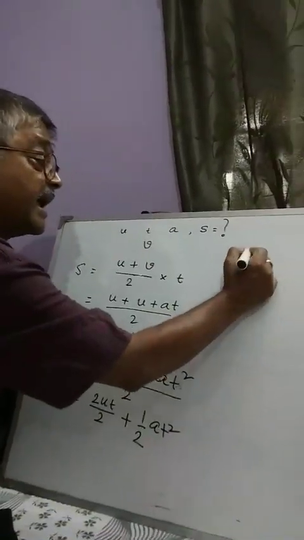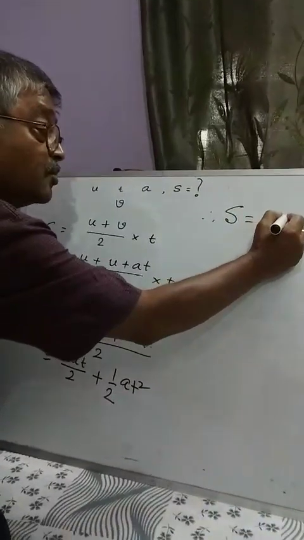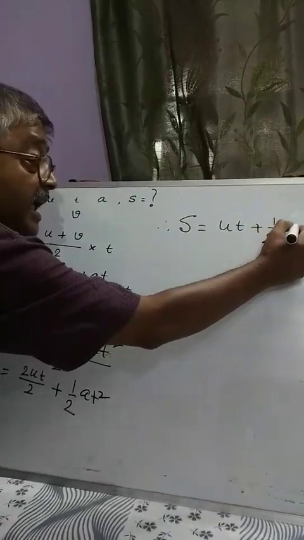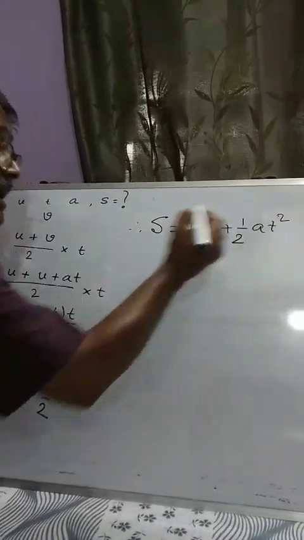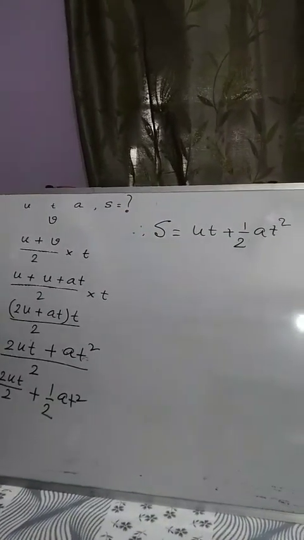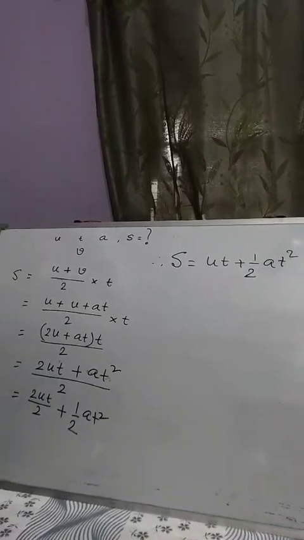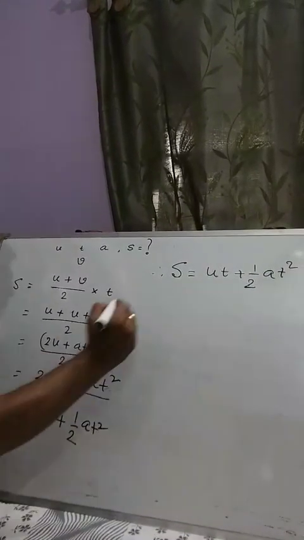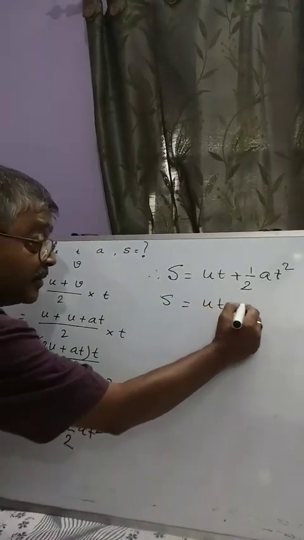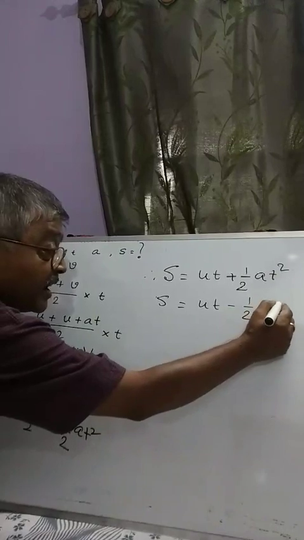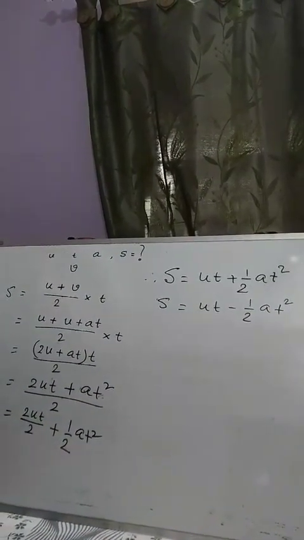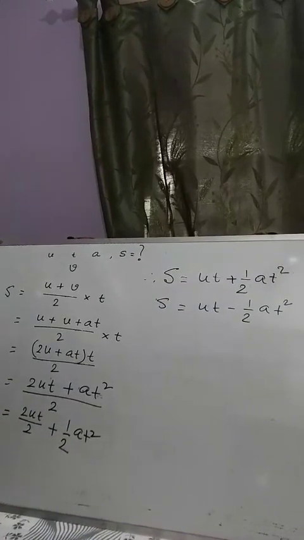That means s is equal to ut plus half at square. If there is retardation, then as before a is replaced by minus a and then s is equal to ut minus half at square. This is the third formula.